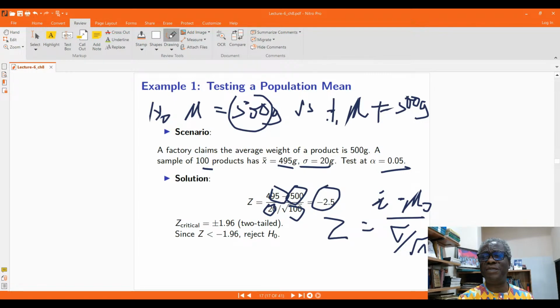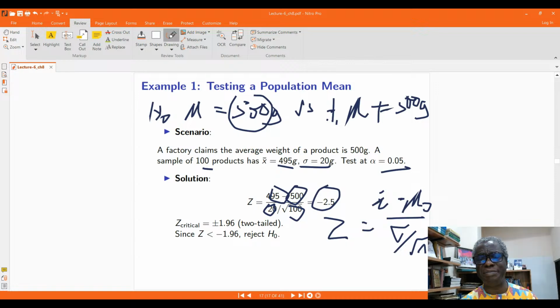When your level of significance is 0.05, then the critical value is 1.96. The critical value is 1.96.